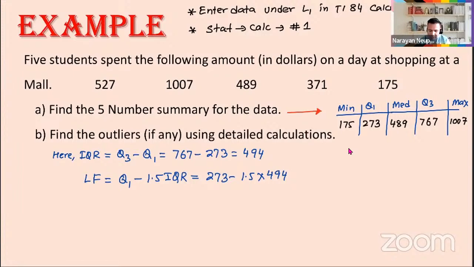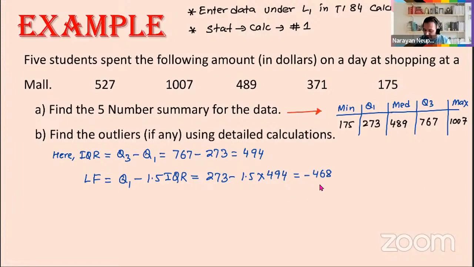You can type in your calculator 273 minus 1.5 times 494. If you do that, you see negative 468. If we have any data value smaller than negative 468, that will be an outlier. But if you look here, we don't have those numbers. So that means we don't have an outlier in the lower end.